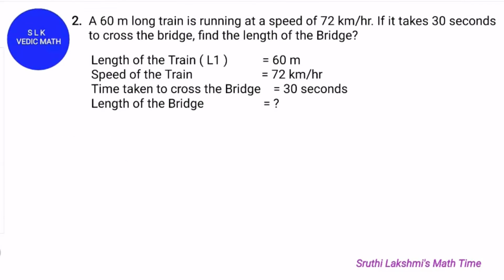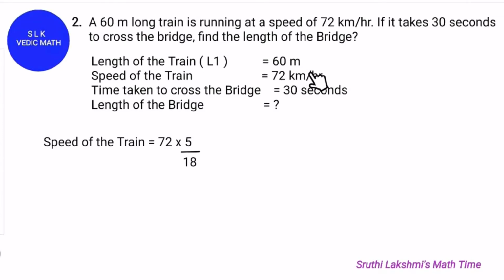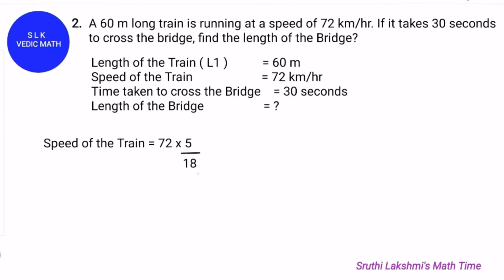Now, the length of the train is in meters, and the speed of the train is in kilometer per hour. So we convert kilometer per hour to meter per second. When we convert kilometer per hour to meter per second, multiply by 5 by 18. So we do 72 into 5 by 18. 4 18s are 72, and 4 into 5 is 20.